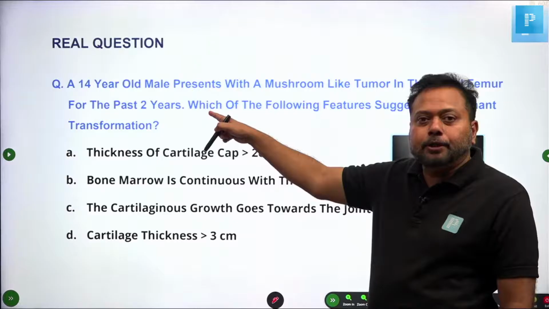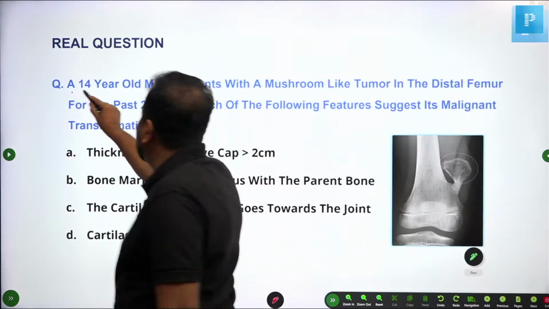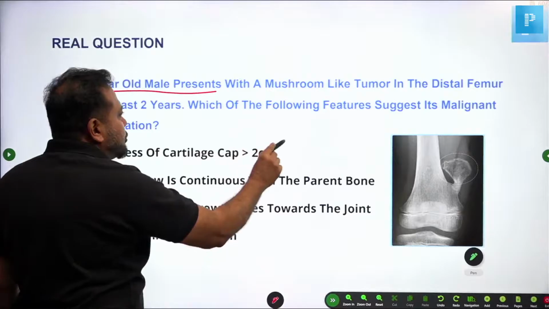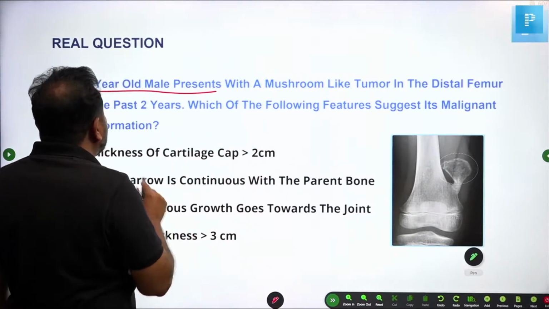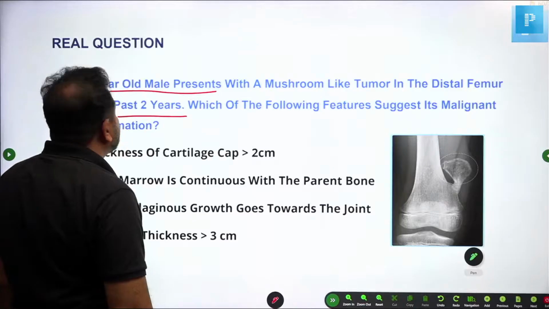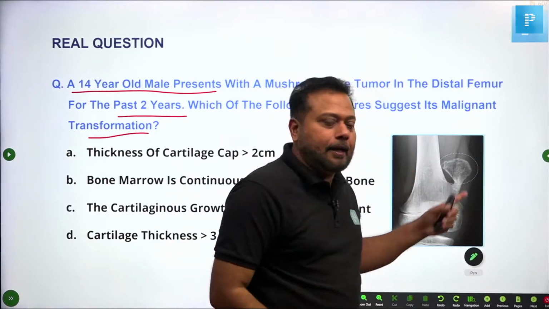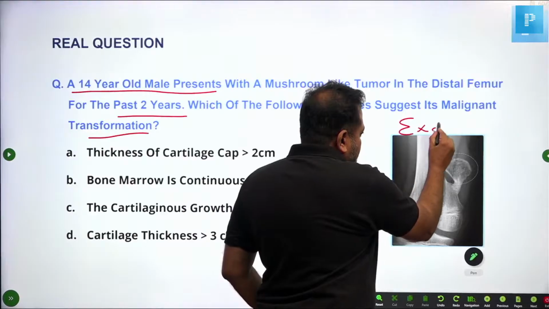Now the real question they framed in INI-CET. A 14-year-old male presents with a mushroom-like tumor in the distal femur for the past 2 years. Which of the following features suggests its malignant transformation? This is a classical X-ray of exostosis.